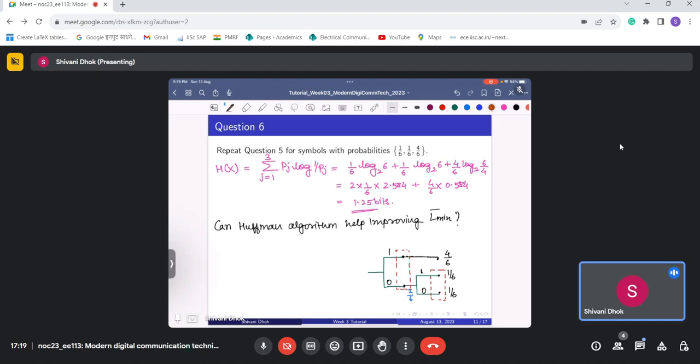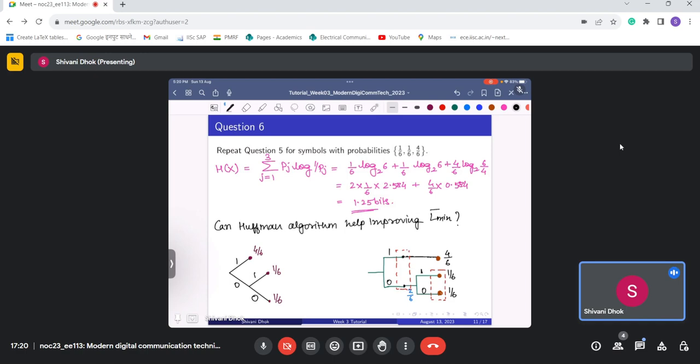The 3 leaf nodes that are available here are this one and this one. In order to get a good visualization, let's draw the tree. What we have here is this tree, exactly the same, with 1 0. One leaf node is present here, which corresponds to probability 4 by 6. Then I have this node branching out into 2, something like this. So this one is also 1 by 6, and this also is 1 by 6, and again this is 1 0.